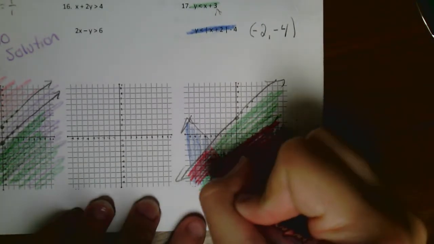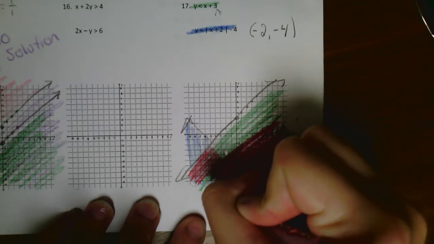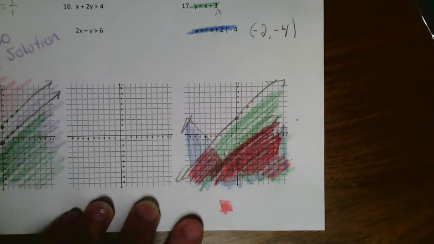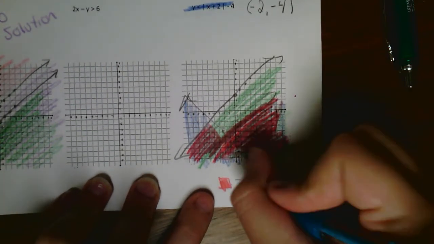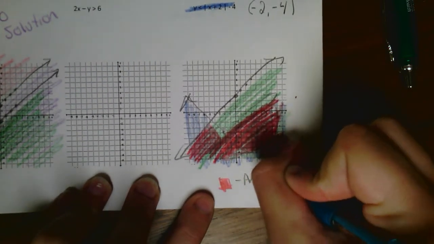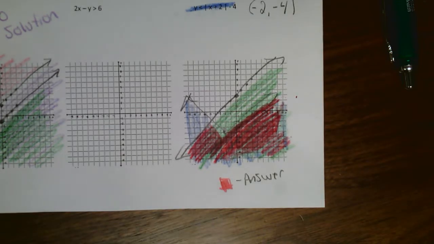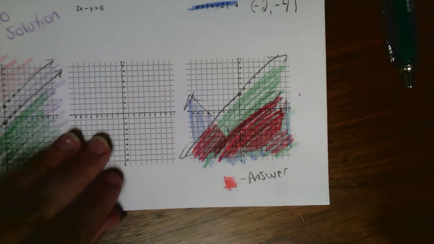Now I do want to point out that if you're doing this whole color coordinating thing instead of erasing your answers, it'd be smart, better safe than sorry if you have time, to actually tell me what your answer is. A lot of times when I use colored pencils, I'll make a color key, saying that the blue and the green don't matter, but the red is my answer. So on your test you might want to consider doing that to make sure it's very clear what you are saying your answer is.